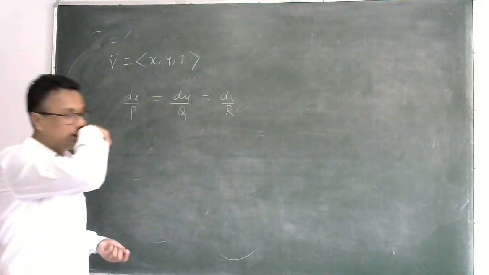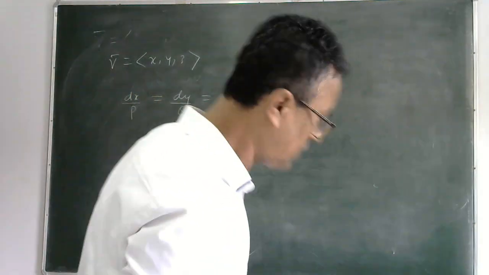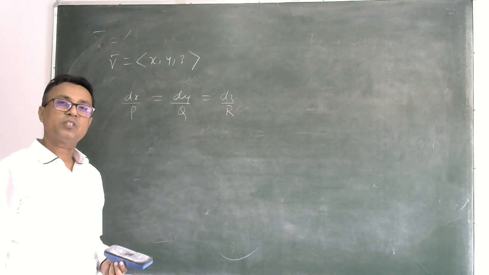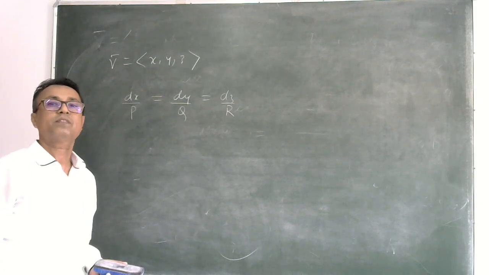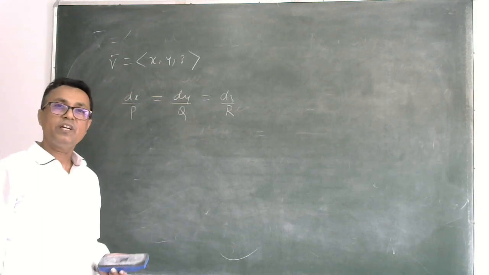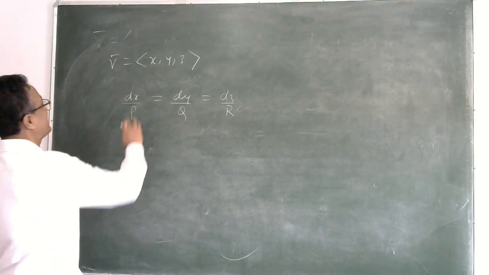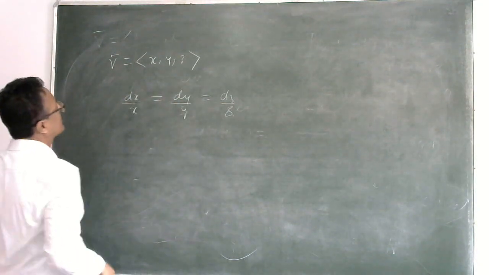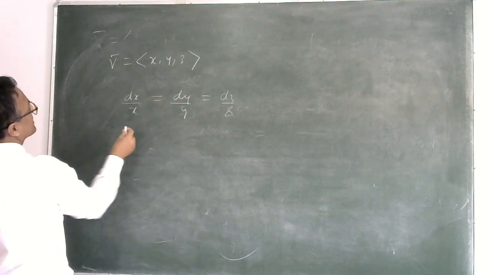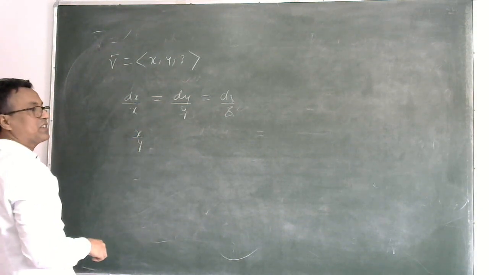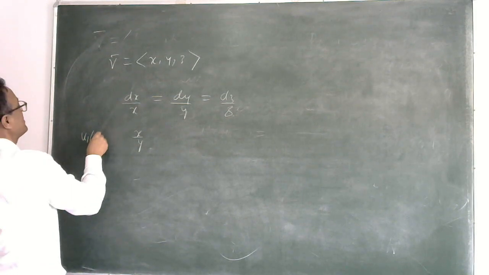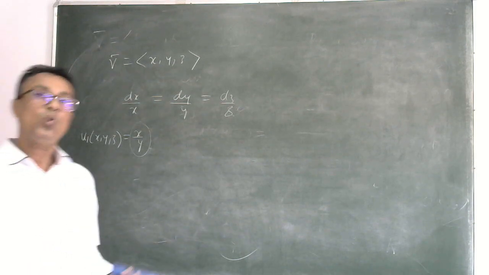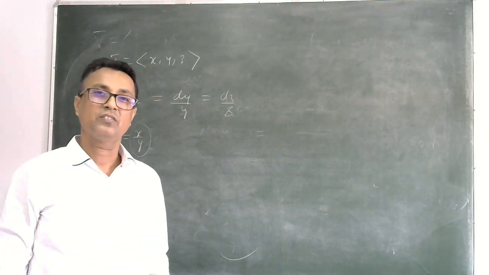Earlier, in order to find the integral curve, we considered two surfaces coming from two first integrals of V. But here, if I simply plug in those components, I can get u1(x, y, z) equal to x by y as one of the first integrals.